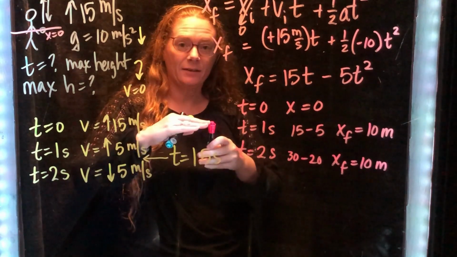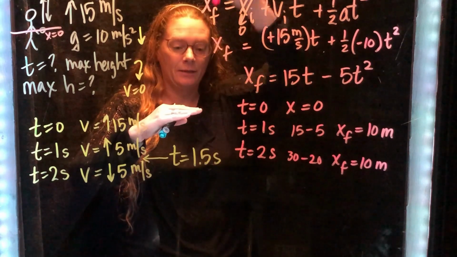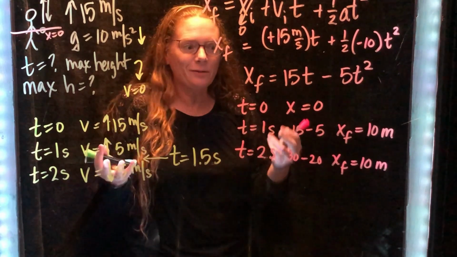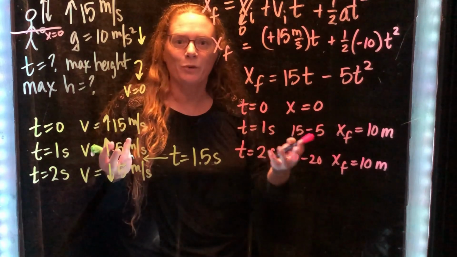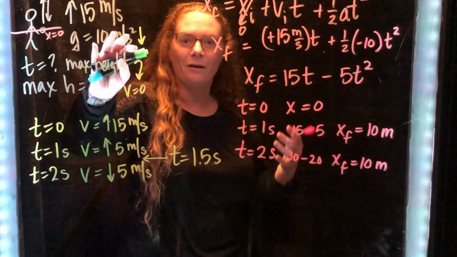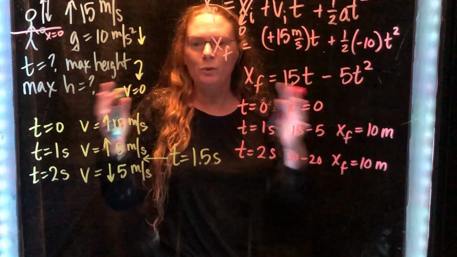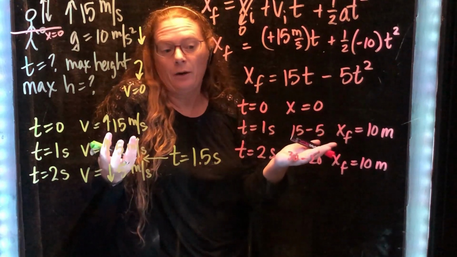It's going as fast as it was going up as it is when it's coming down at that same height. That's one of the really cool things about this motion, this consistency of acceleration.